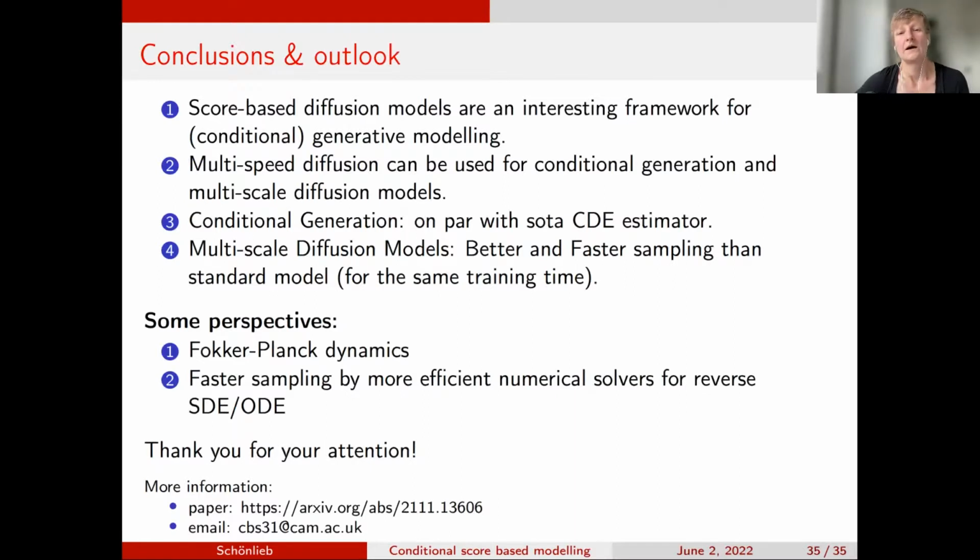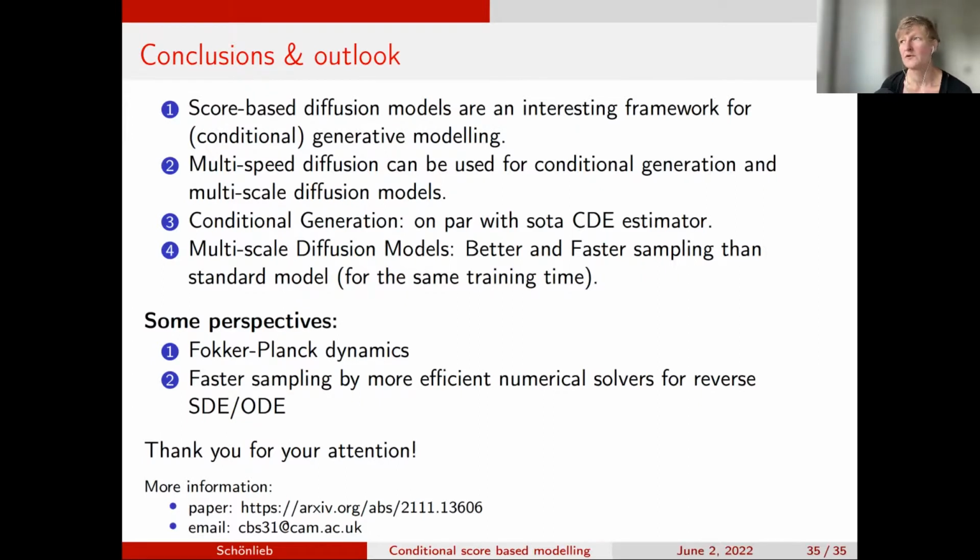So I think score-based diffusion models are really interesting for generative modeling. The reason why, which caught my interest initially, was that there is machine learning definitely involved in learning the score. So you need a good way to learn the score. But once you have learned the score, everything is based on solving your reverse SDE.